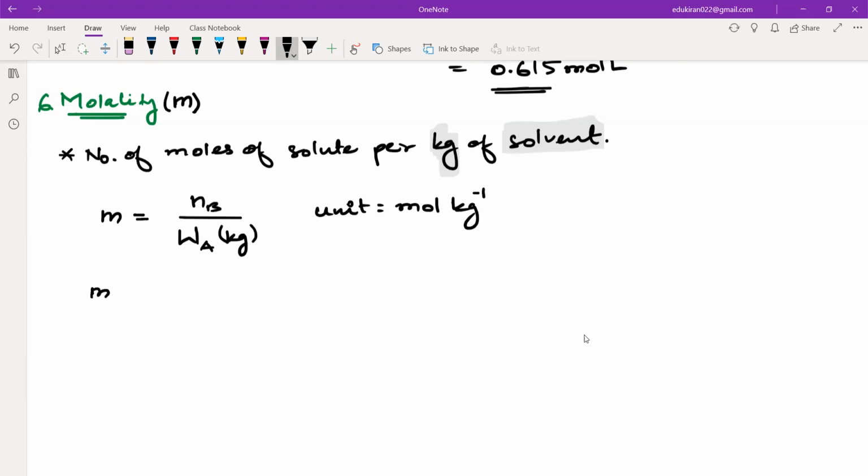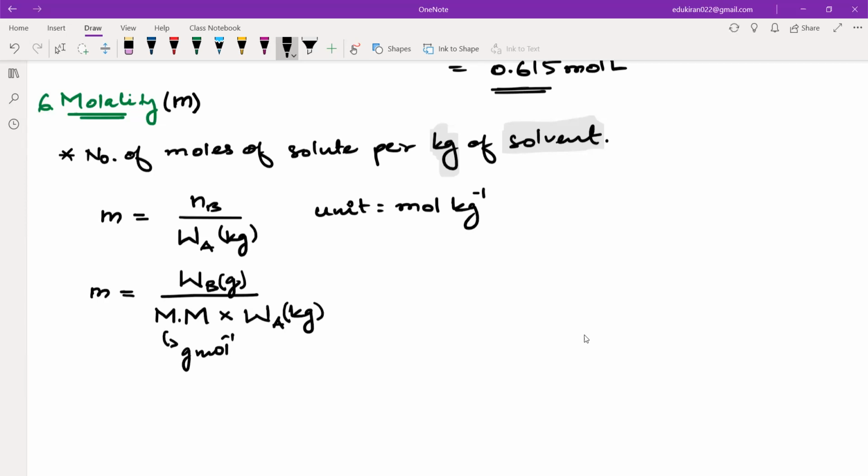You can also write m equal to the mass of solute divided by the molar mass of solute into the mass of solvent in kg. Please remember the mass will be in grams and the molar mass will be in grams per mole.